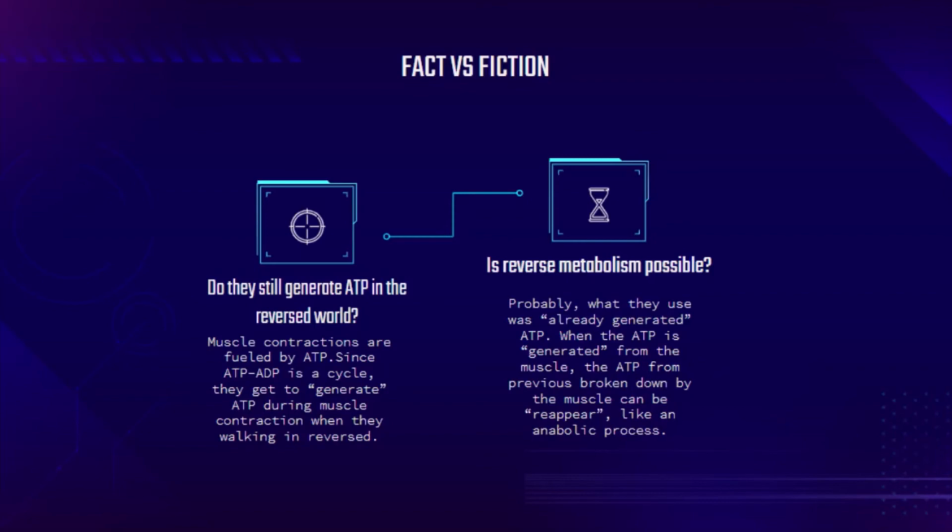Since the ATP-ADP transformation is a cycle, they get to generate ATP during muscle contraction when they are walking in reverse. To put it simply, instead of using ATP when a muscle contracts, everyone in the reverse world generates ATP when a muscle contracts.